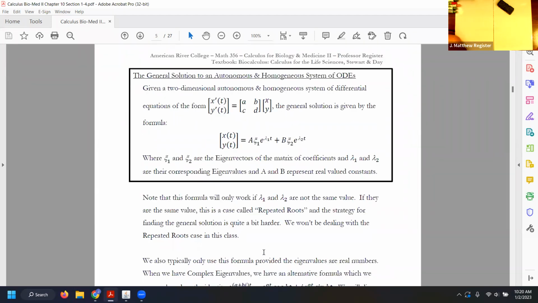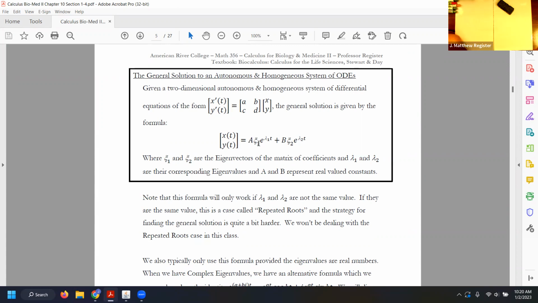But now that we have our system, and our system is x dot, y dot equals a, b, c, d times x, y, it turns out that we can find a general solution very, very quickly. And it's using the eigenvalues and eigenvectors. And so x, y is going to be equal to A, which is just an arbitrary constant, much like our plus C used to be.